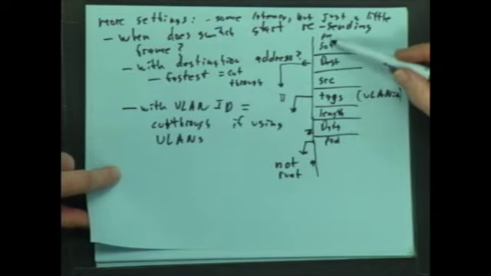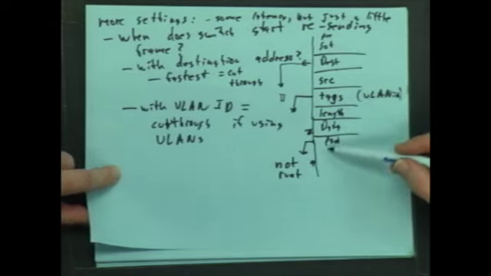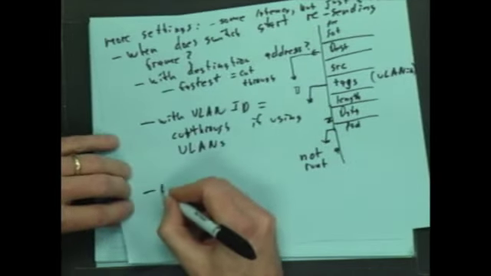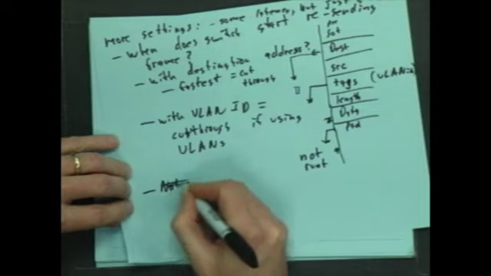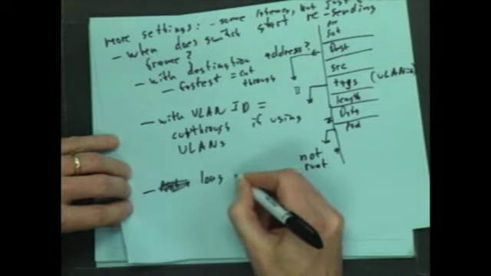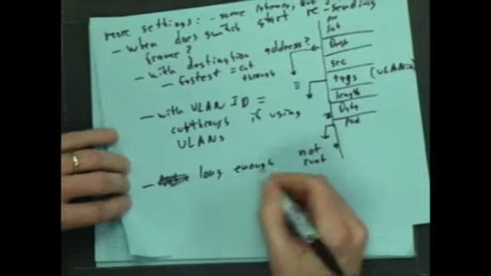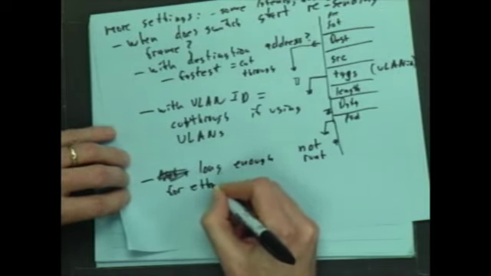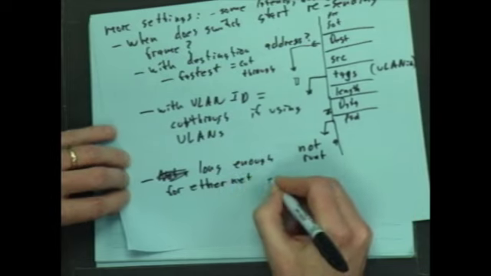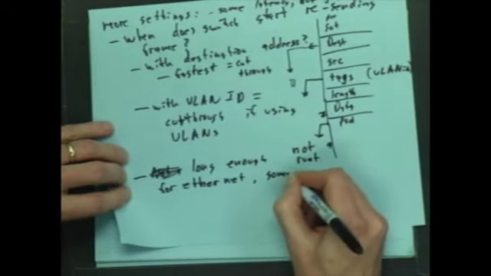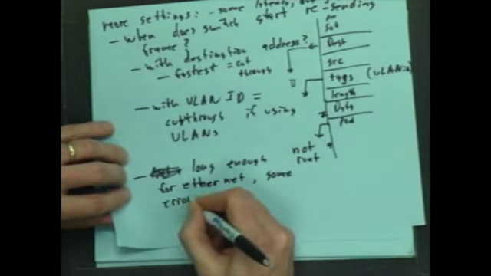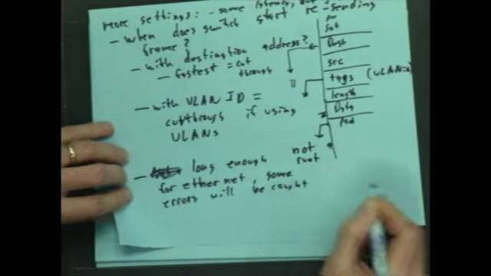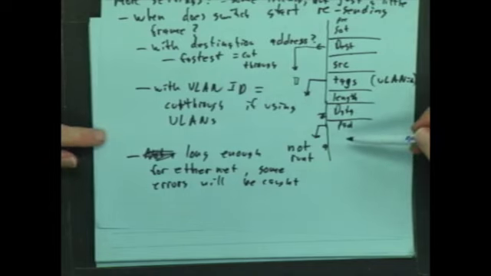So the switch will read the frame, making sure it's long enough before it will pass it along. If there's enough bits in it for Ethernet, we're going to catch some errors. So we just make sure it's not a runt.